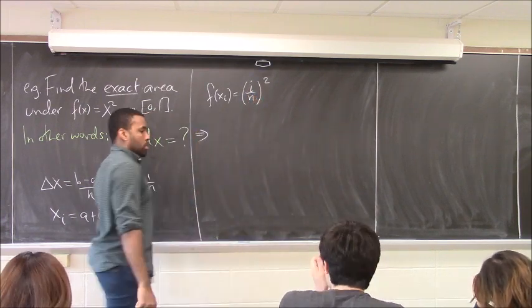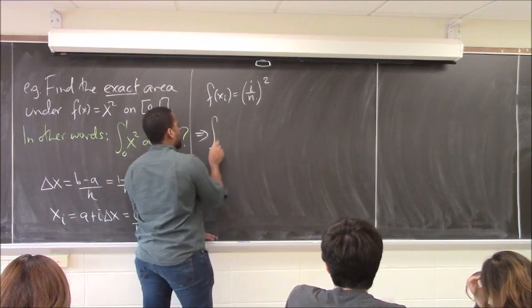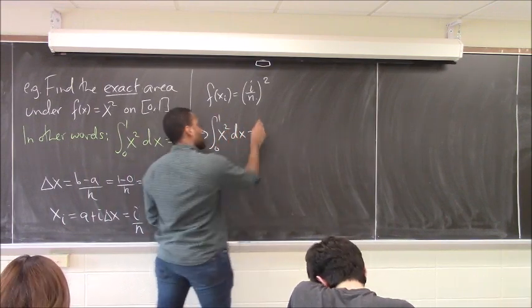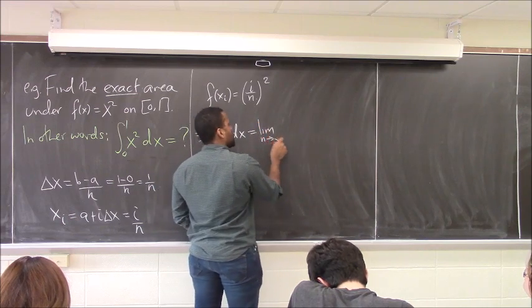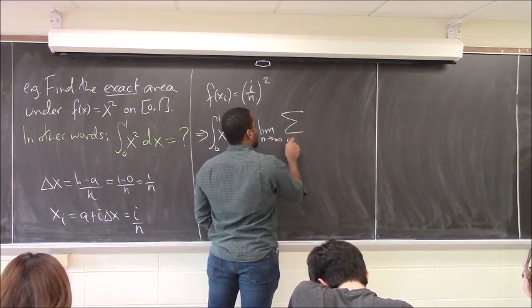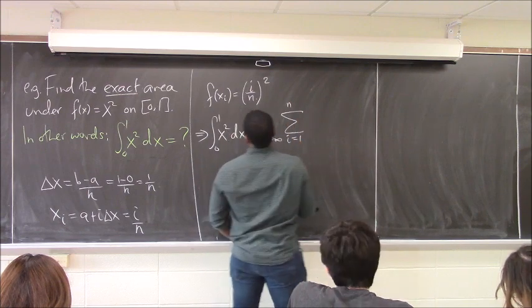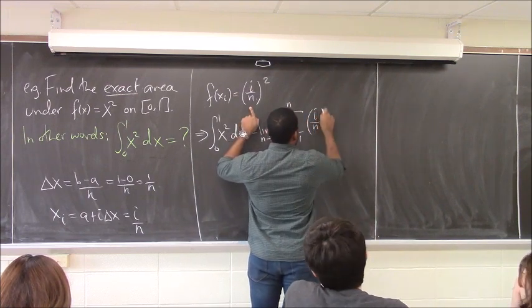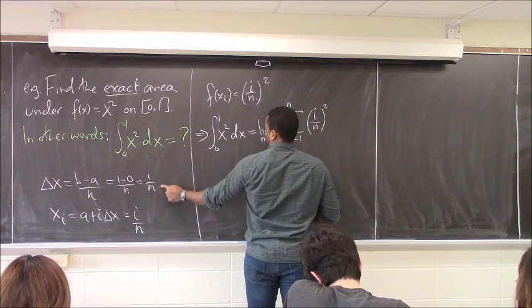Therefore, this guy is going to be equal to the limit as n approaches infinity of the sum, i from 1 up to n, of f of x sub i times delta x.